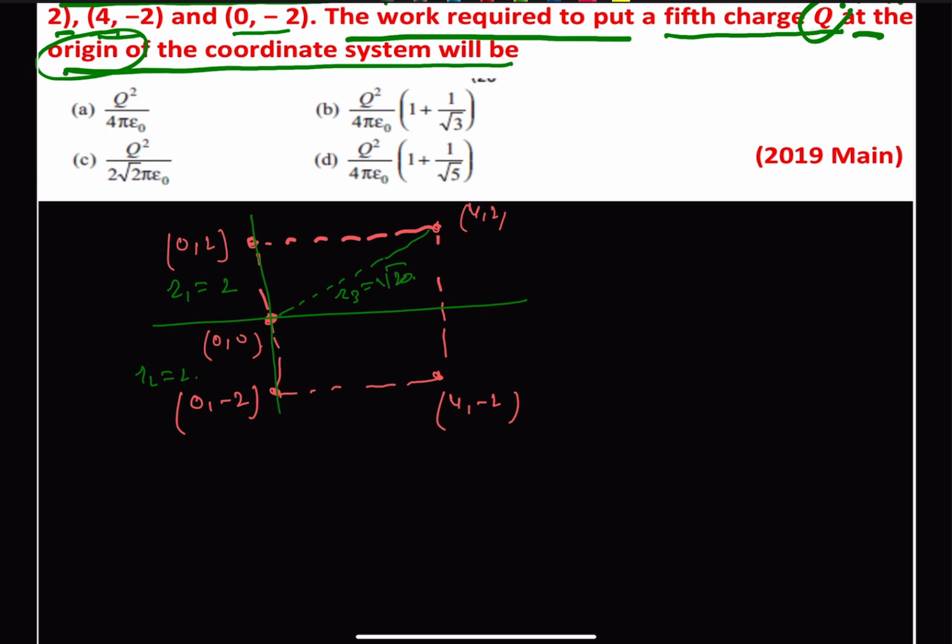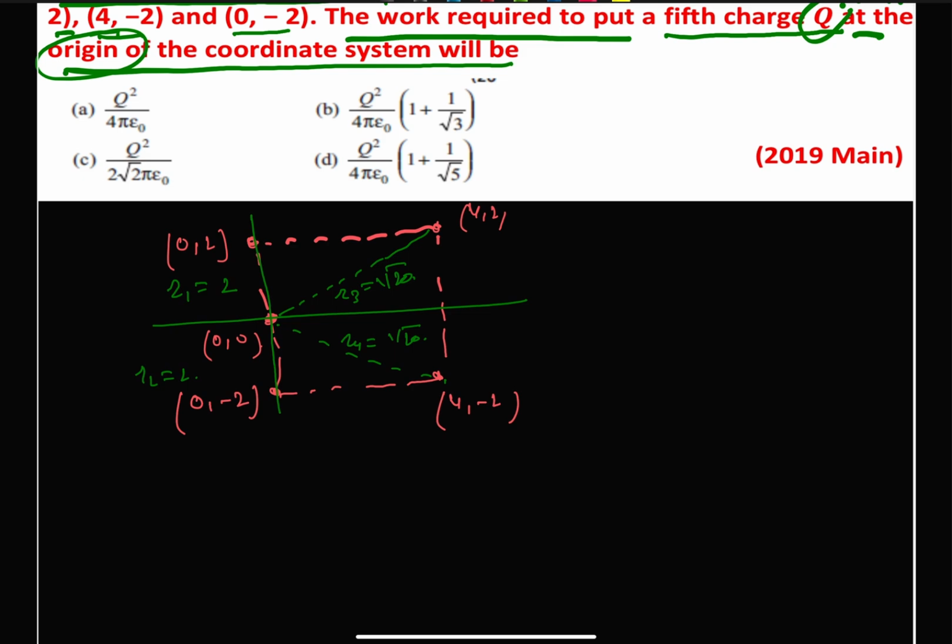And similarly, we are going to have this as our R4, which will also be square root of 20. And first of all, we are going to find the potential at the origin.